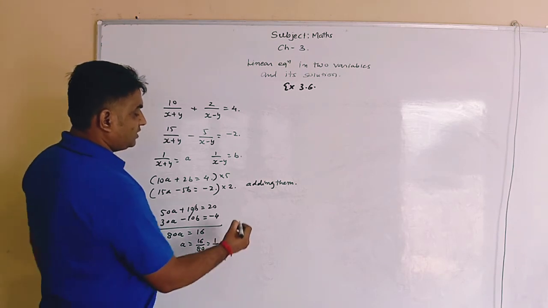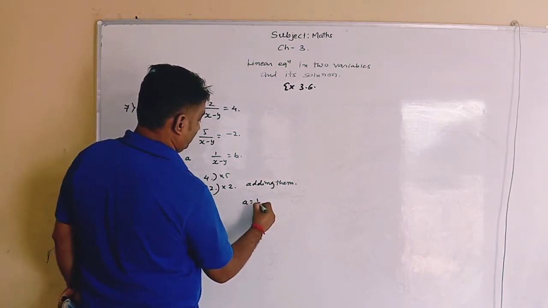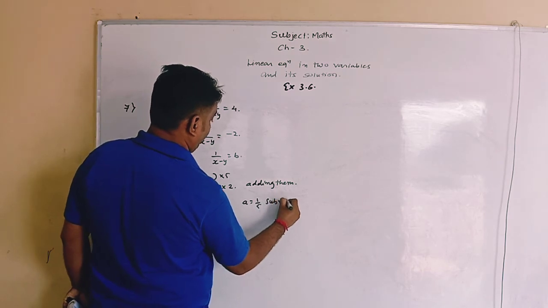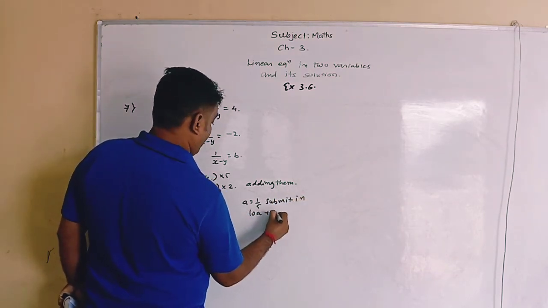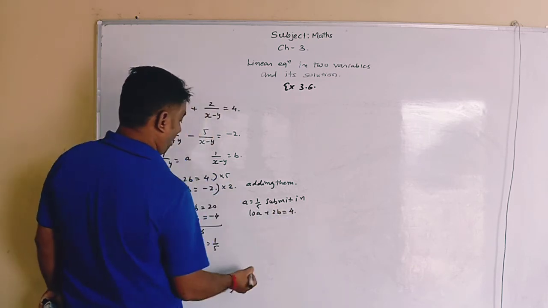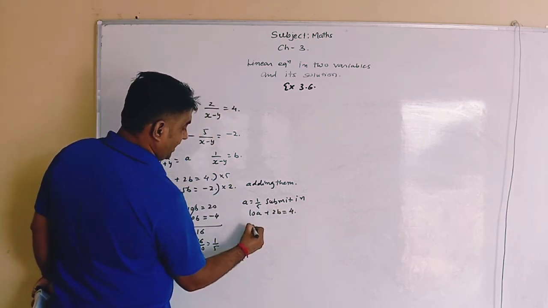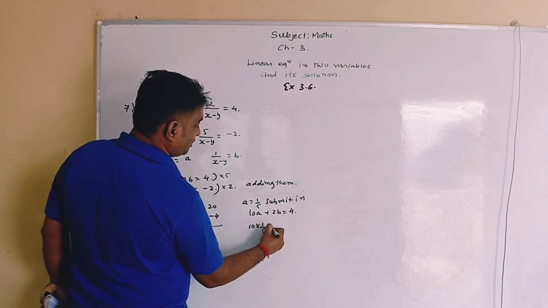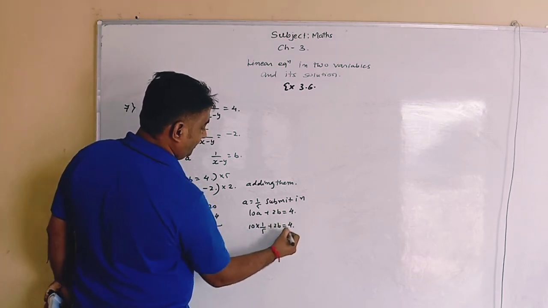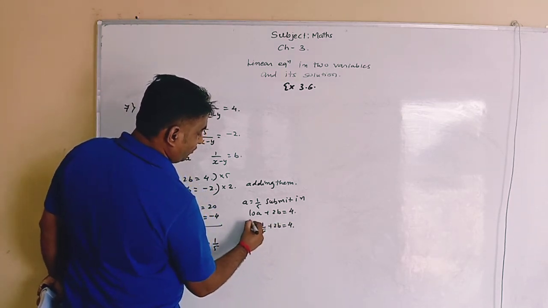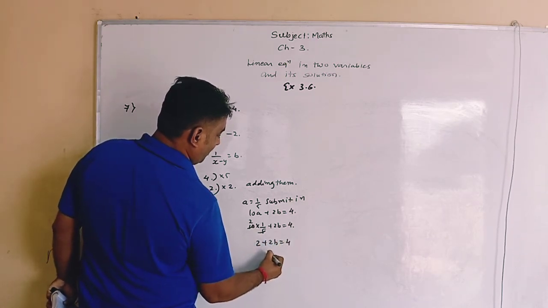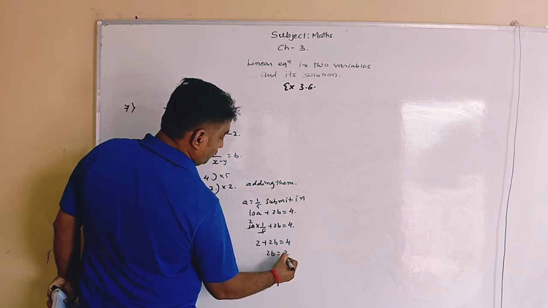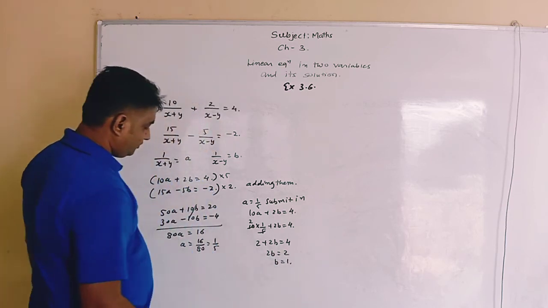So a equals 1 by 5. Substituting in 10a plus 2b equals 4, so it is 10 into 1 by 5 plus 2b equals 4. So 5 twos are 2, so 2 plus 2b equals 4. So 2b equals 2, so b equals 1.